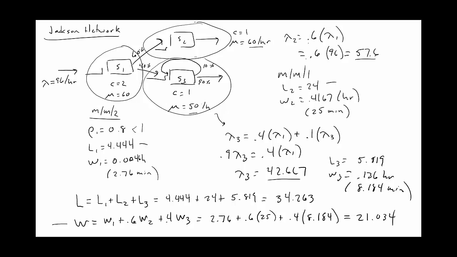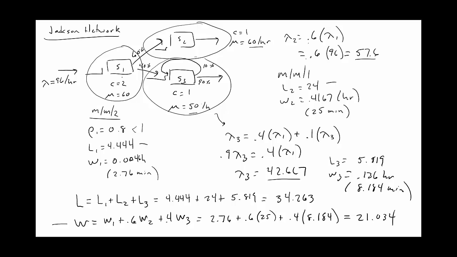You can only do this under certain assumptions, and the definition of a Jackson network really has 5 conditions. The first one is that external arrivals have to be exponential, so the exponential inter-arrival time. And we see we meet that condition here because we only have one set of external arrivals. All of the internal processing times also have to be exponential.